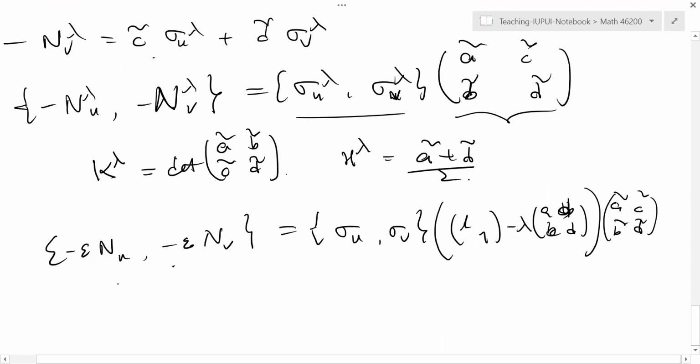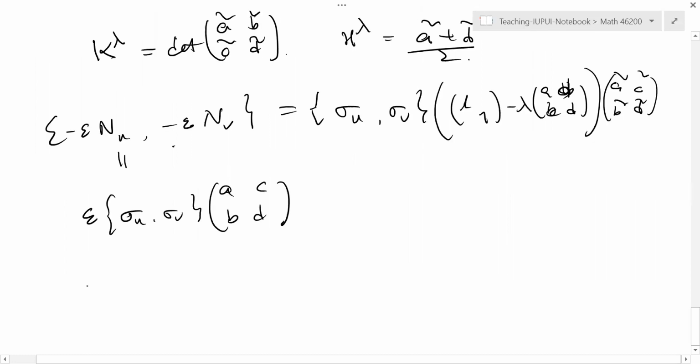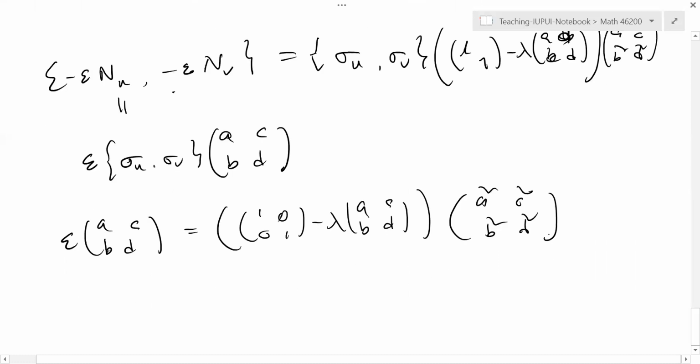But on the other hand, this is the epsilon, and we know that this is going to be sigma u, sigma v, and here's A, B, C, D. So now we have an identity. Forget the math basis. We have an identity: A, C, B, D equals 1, 0, 1 minus lambda A, B, C, D, and here A tilde, C tilde, B tilde, D tilde. So what do we have to do? We find the inverse, right?